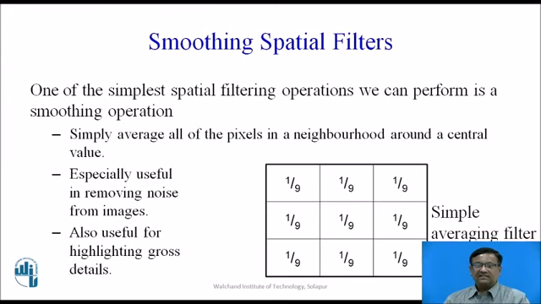The filter mask given is called the simple averaging filter. Each element in the matrix is 1 by 9, and the corresponding pixels in the original image are multiplied and added, so we finally get the average of all 9 values, which will be the new value at the center pixel.